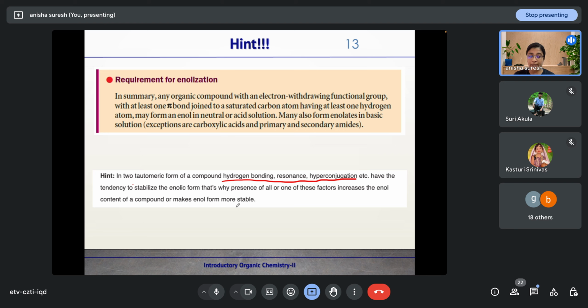But for the enol content to be more, these are the factors we should consider: hydrogen bonding, resonance, hyperconjugation, etc. Hyperconjugation depends upon the number of alpha hydrogens present in the compound. If the number of alpha hydrogens is less, then hyperconjugation will be less, so the equilibrium enol content will be less. If resonance is less, similarly enol content will be less. If hydrogen bonding is not possible, then enol content will be less.